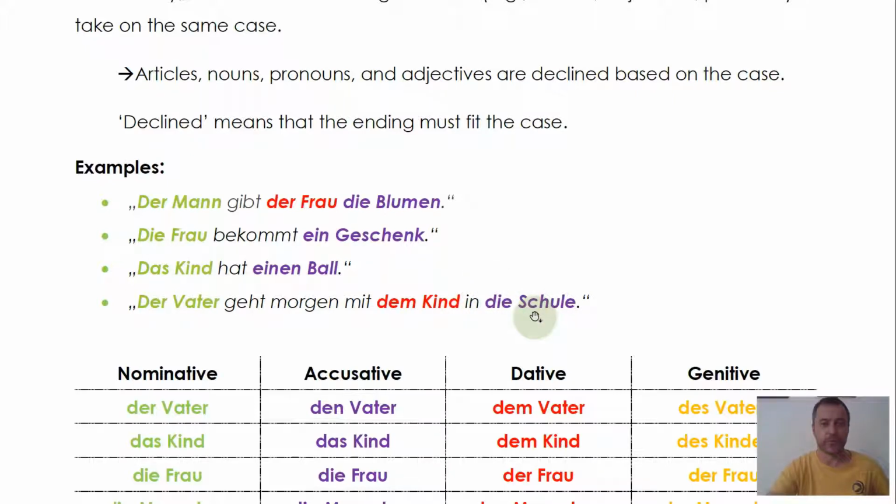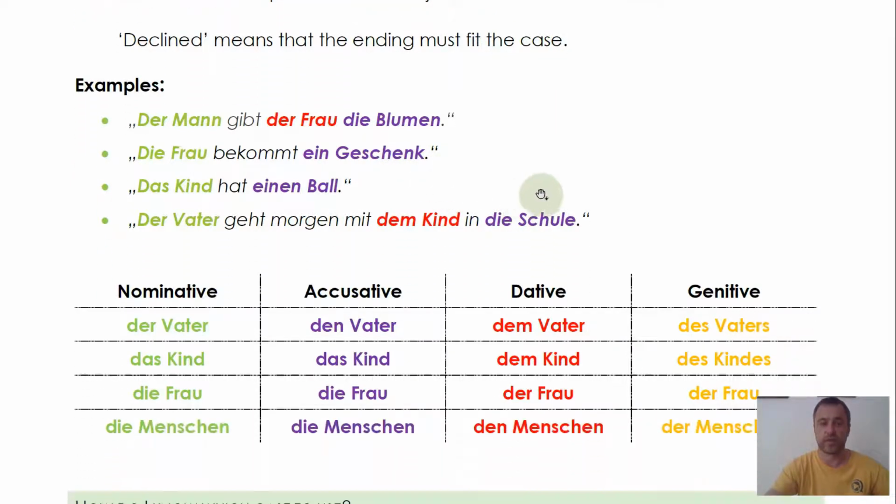This has nothing to do with the direct or indirect object, but you can see here we have to adjust the endings of the articles according to the case. The same happens to adjectives, and pronouns also change according to the case.